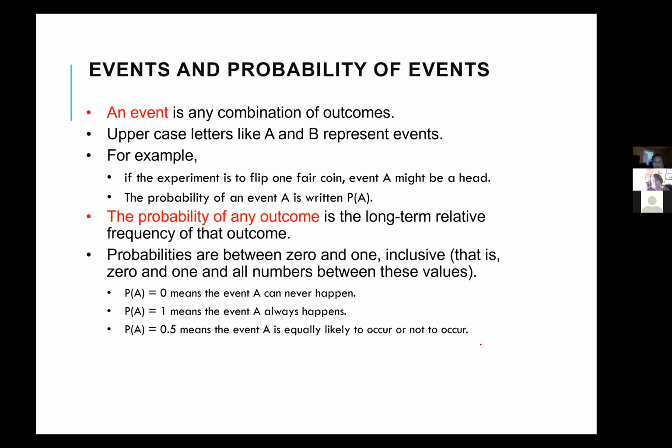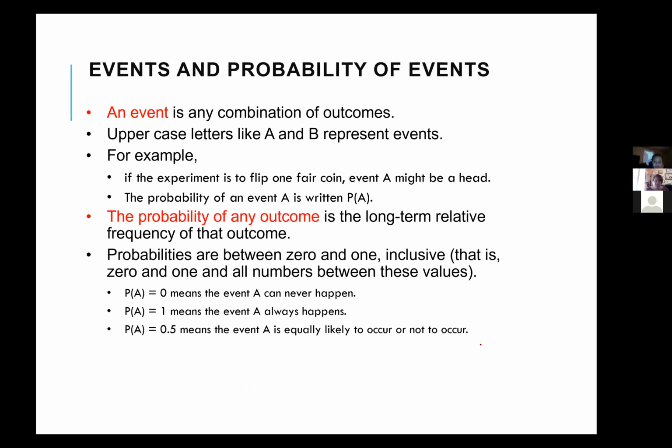An event is a combination of outcomes. And we use capital letters like A and B to represent events. So, for example, if you flip a fair coin, event A may be that you get a head. So A would be the event that you flip a coin and you get a head.